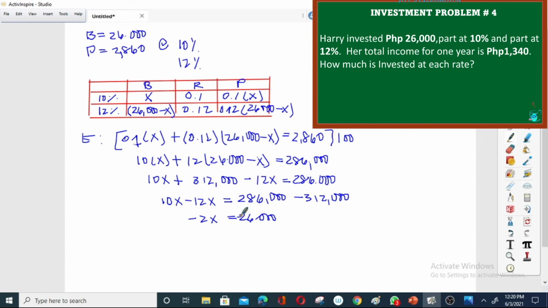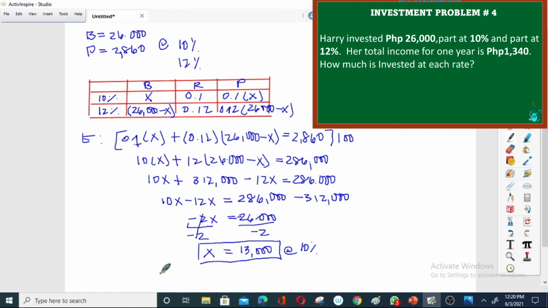So divide both sides by negative 2. The negatives cancel out. x is equal to 26,000 divided by 2, which is 13,000 pesos at 10%.